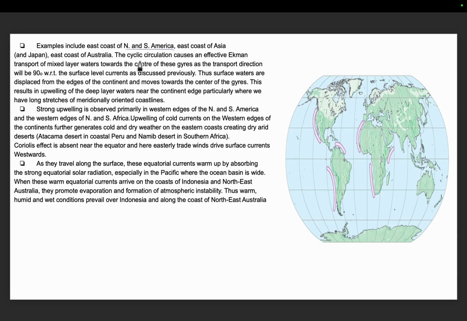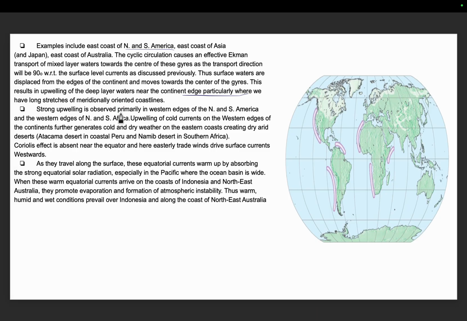The cyclic circulation causes an effective Ekman transport of mixed layer water towards the center of these gyres, as the transport direction is 90° with respect to the surface level currents, as discussed previously in the Ekman transport slides. These surface waters are displaced from the edges of the continent and move towards the center of the gyres. This results in upwelling of deep layer waters near the continent edges, particularly where we have long stretches of meridionally oriented coastline.